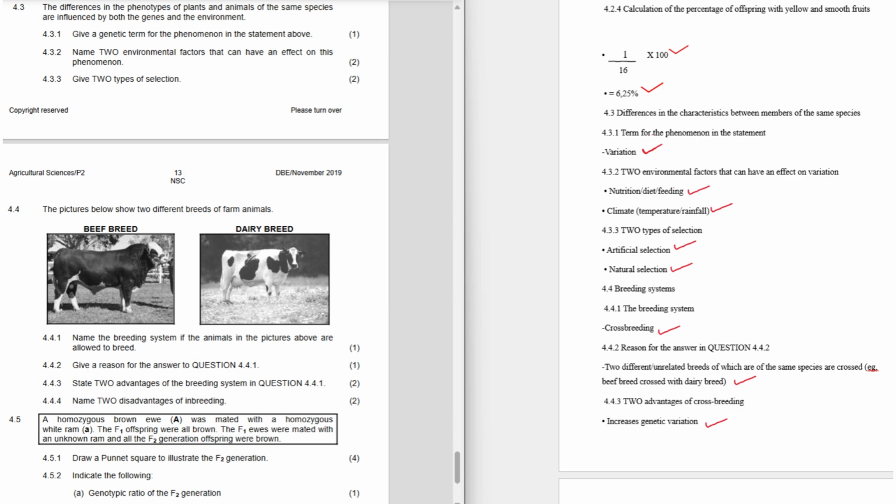So the disadvantages of inbreeding: lethal genes can be introduced, and another one is that it leads to inbreeding depression.